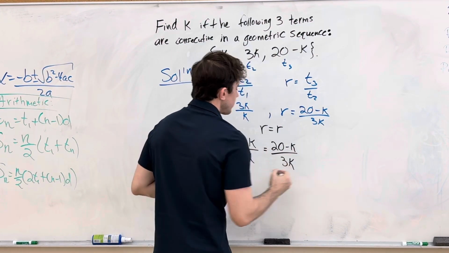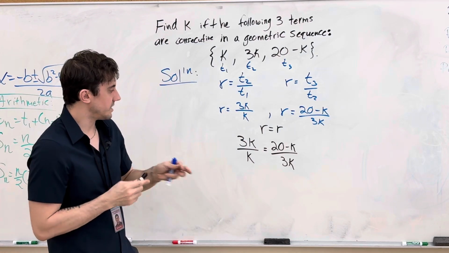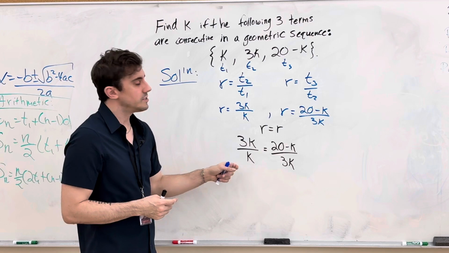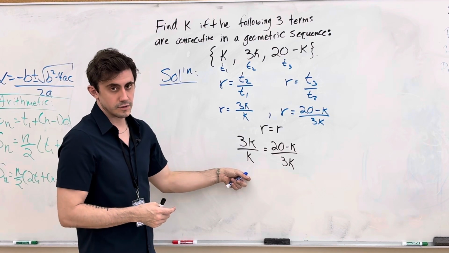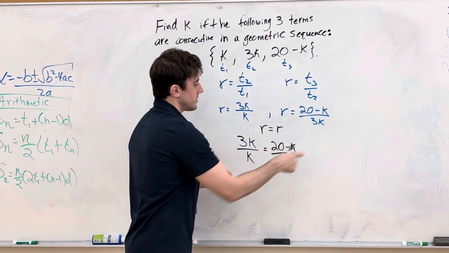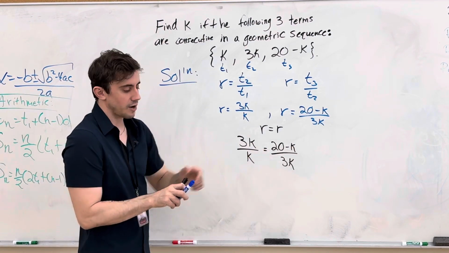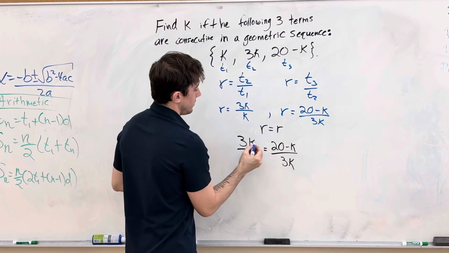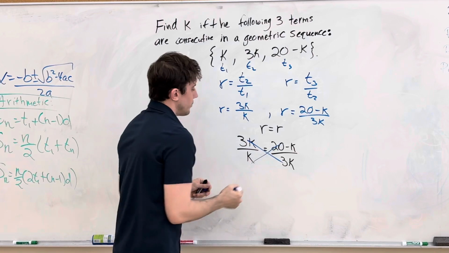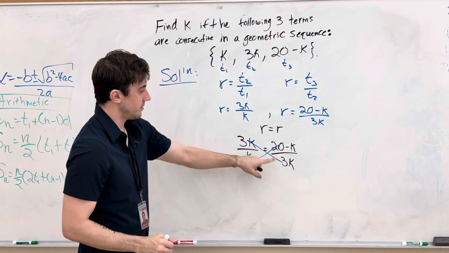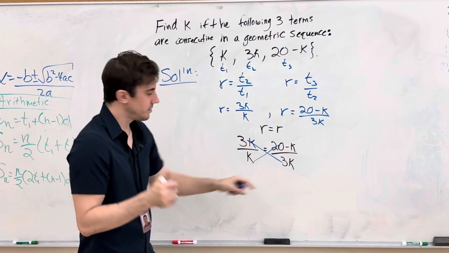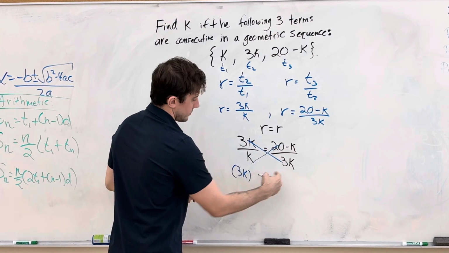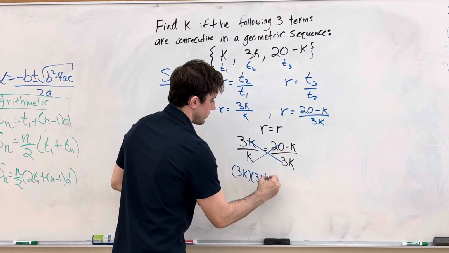20 minus k over 3k. Now, I'm guessing that you're tempted to cancel out these k's. Since k is an unknown, we don't want to cancel it out, okay? We want to work with it. And so what we're going to do here, we have a fraction equal to a fraction. The easiest way to deal with this is to cross multiply. And so we multiply 3k by the expression across from it. And so that means we're going to do 3k times 3k.